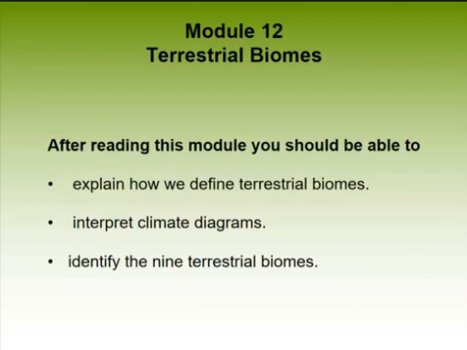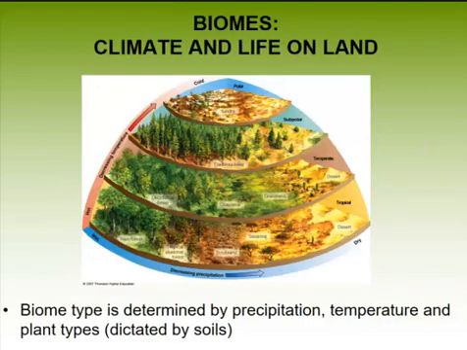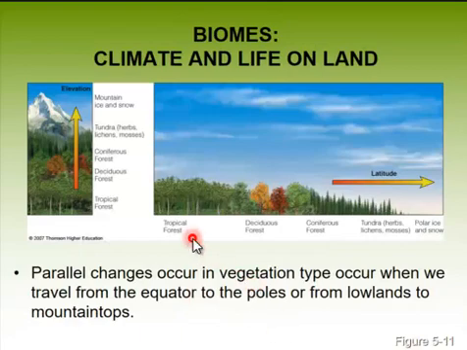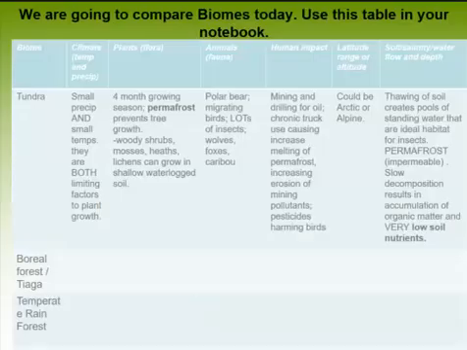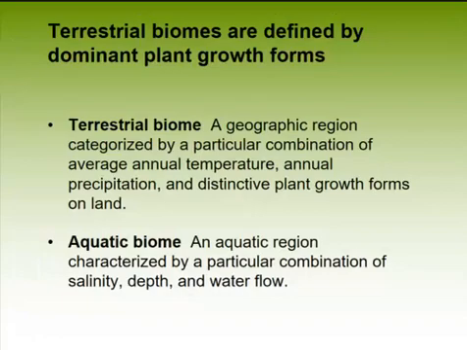We're going to go into the terrestrial and aquatic biomes in class, but the things that you need to remember most about the biomes are how you can see that the vegetation changes, because it's a lot about vegetation type. Think about trying to classify your biomes based on this table, which I shared with you and we're going over in class. But I'm not reading you all this stuff.